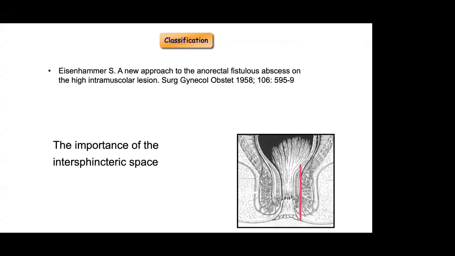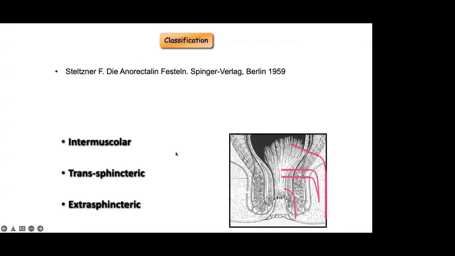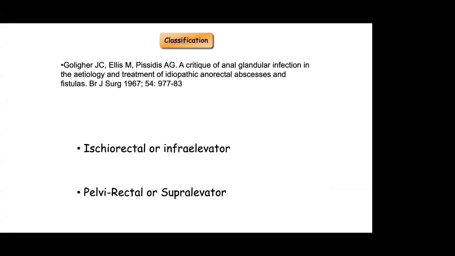And one of the most important etiopathogenetic theories was by Eisenhammer, who underlined the importance of the intersphincteric space. And afterwards, many other surgeons considered the different rationale of the fistulas, in this case Stelzner about the relationship with the external anal sphincter, and also Goligher.